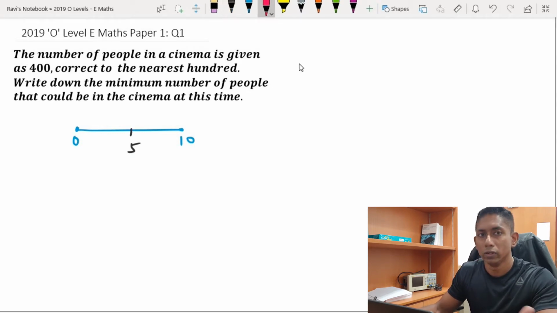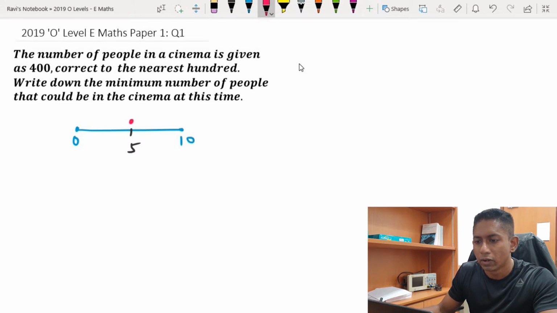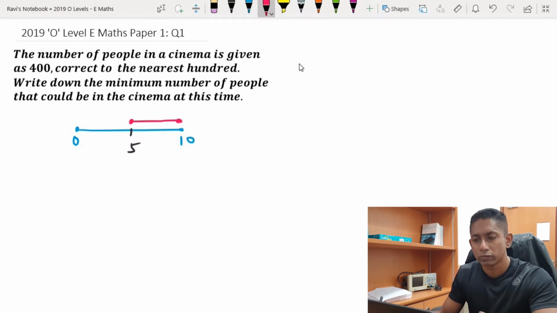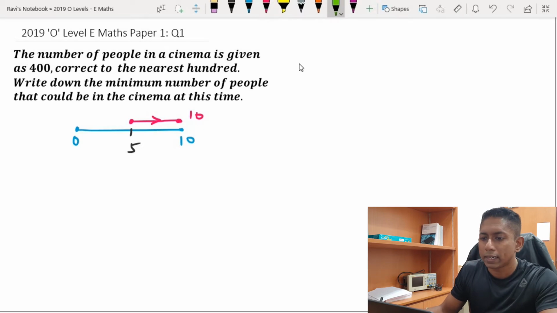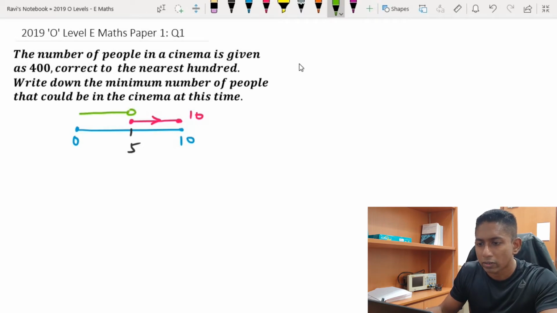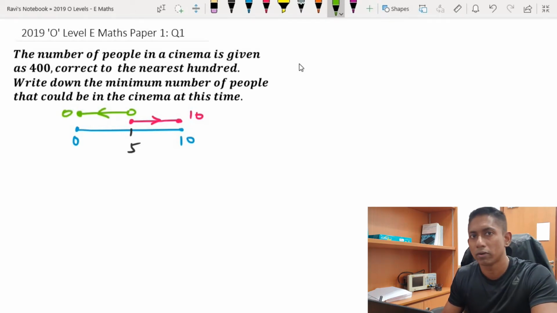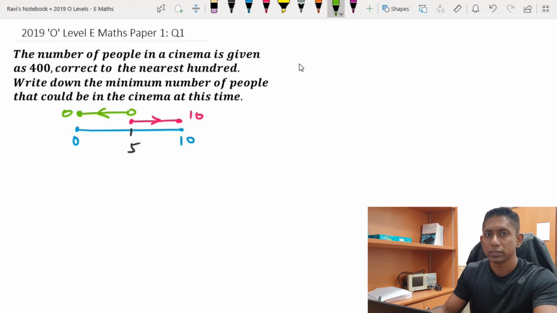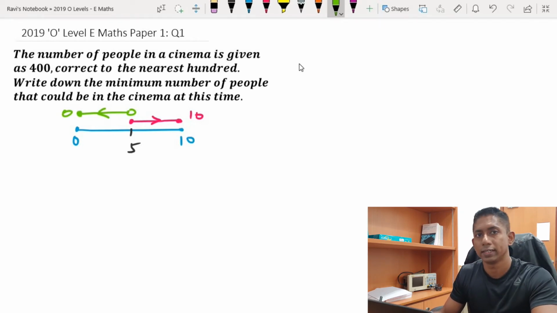From 5 all the way to 10, any number inclusive of both these numbers, you will round it off to 10. From any number lesser than 5 all the way down to 0, we round them down to 0. That is basically rounding up or rounding down. Now this is from 0 to 10, rounding to the nearest 10.